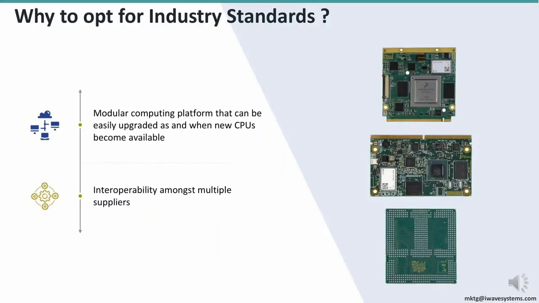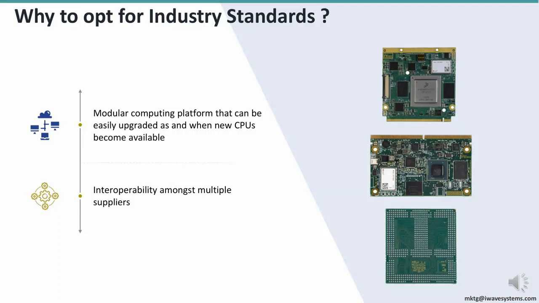And why opt for industry standards? What SGET is doing, the main value addition from SGET, is the key concept of the underlying technology, where 1 + 1 is definitely greater than 2. So you have interoperability amongst multiple suppliers. You have the option to choose a SMARC or a Q7 module between multiple suppliers, and you have reduced dependency and reduced risk.